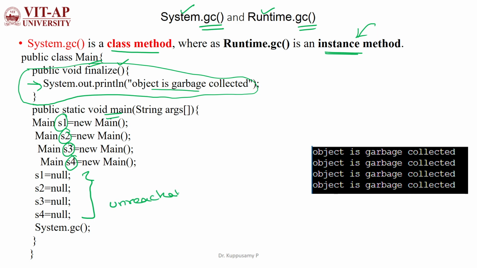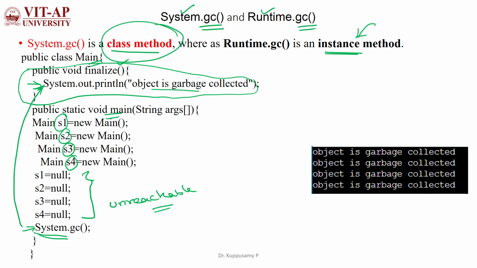If they are unreachable objects, then they are automatically eligible for garbage collection. Then we apply system.gc, the class based method. Then automatically, if you execute this method, by default the JVM will execute the finalize method in the program.